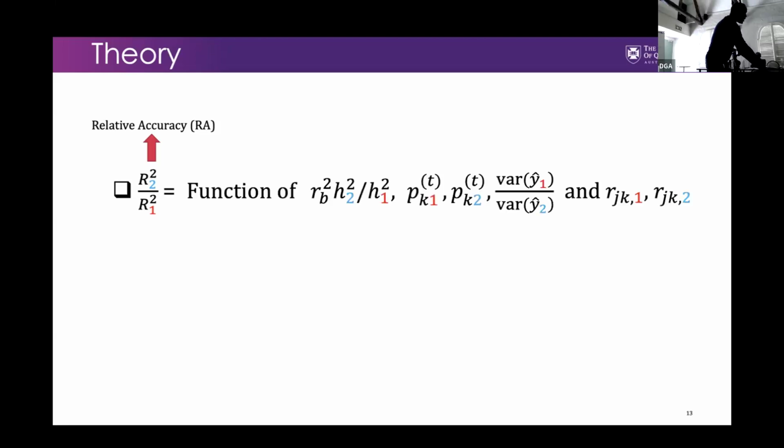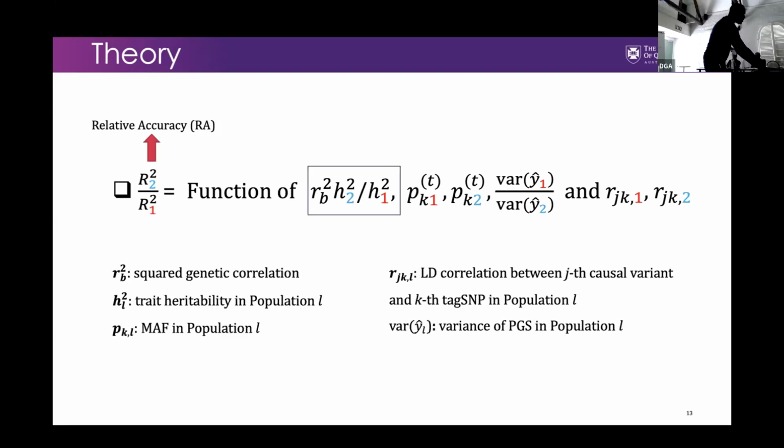We saw that it was a function of many things, but we can group those things together. So we have a bunch of parameters that are capturing the environment. This is essentially all the reasons why the effect sizes may be different between populations. That could be because of G by E interactions, potentially G by G as well, and differences of heritability. But this is something we had in the model.